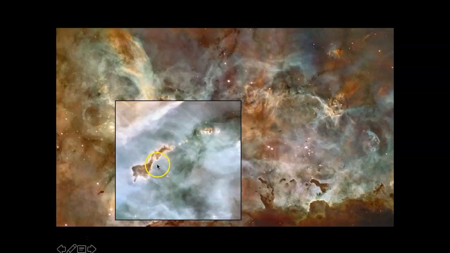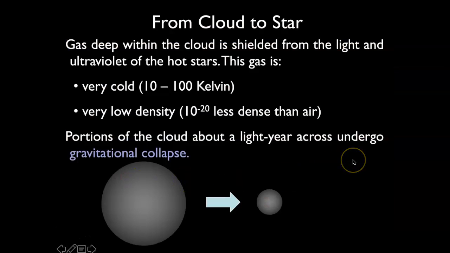Gravity is bringing the gas together. And given enough time, give it another 1-2 million years, each of those blobs, each of those knobs will form another star. But I'm getting ahead of myself a little bit.